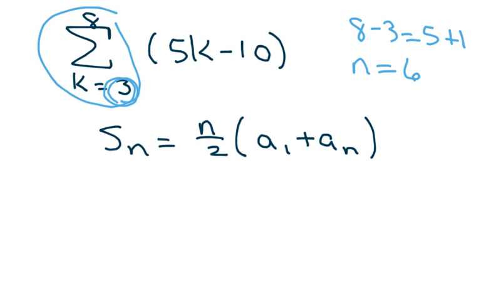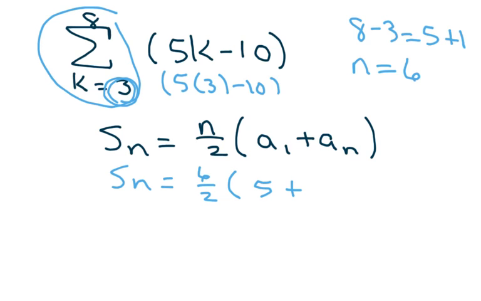All right? So when I plug in this, I'm going to get S of n equals 6 over 2 times a sub 1. A sub 1 is you plug in 3 here, and that's going to give you 5. And then for a sub n, the last term, a sub 8 equals 5 times 8 minus 10, which is 30.